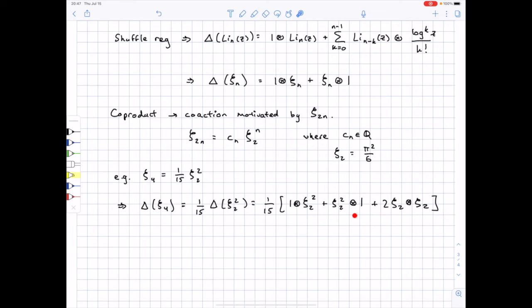Now these two terms, these are the ones we want. These two terms reproduce this formula for n equals 4. This one is extra. So somehow we're going to want to set this to 0.